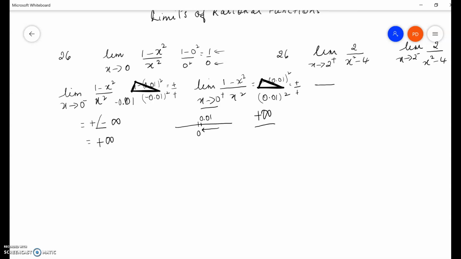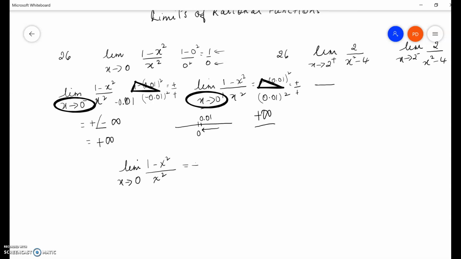Now remember, we were supposed to find the limit of 1 minus x squared divided by x squared as x approaches 0. As x approaches 0, if we know it's an asymptote, we have to find the left limit and we have to find the right limit.